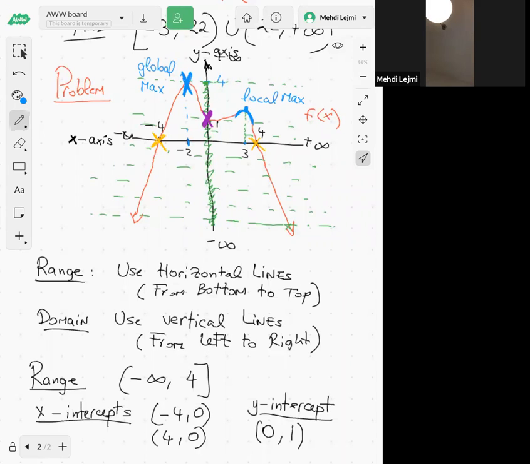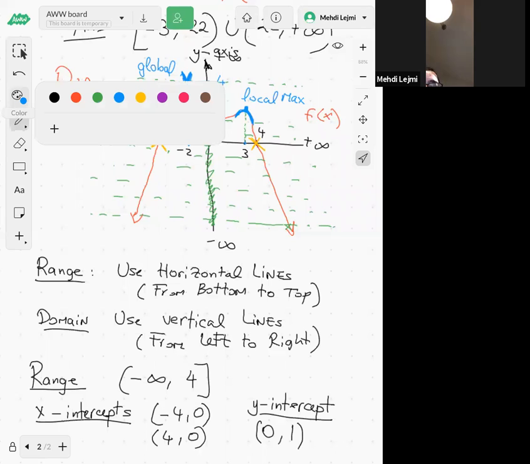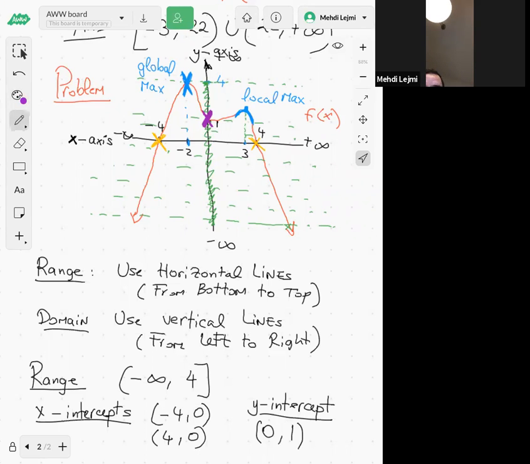For local minimum, I know most of you in the homework said local minimum would be negative infinity. Negative infinity or positive infinity are never a local minimum or local maximum, because they are not numbers. In this graph, there is a local minimum, but it's not at negative infinity.